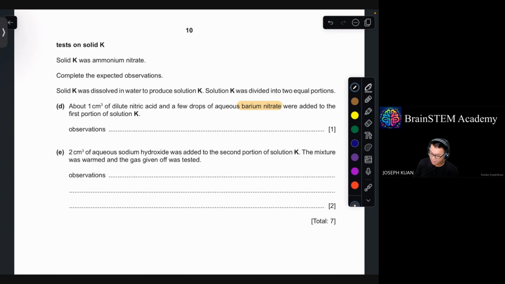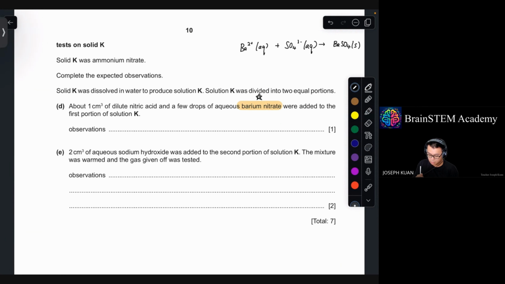Now, whenever you see the keyword barium, you should think of sulfates, because barium reacts positively with sulfates to form a white precipitate, which is barium sulfate.